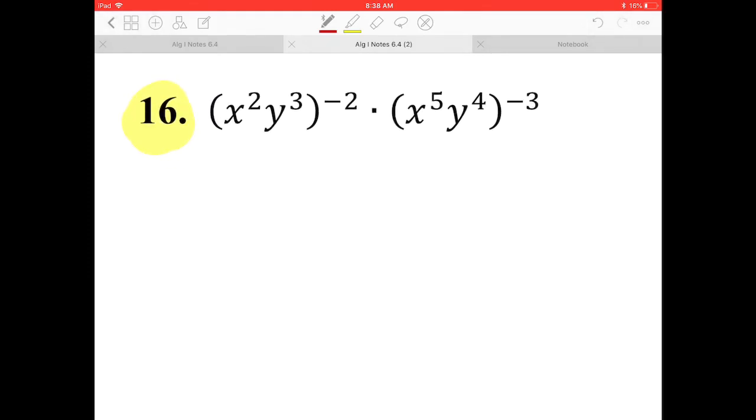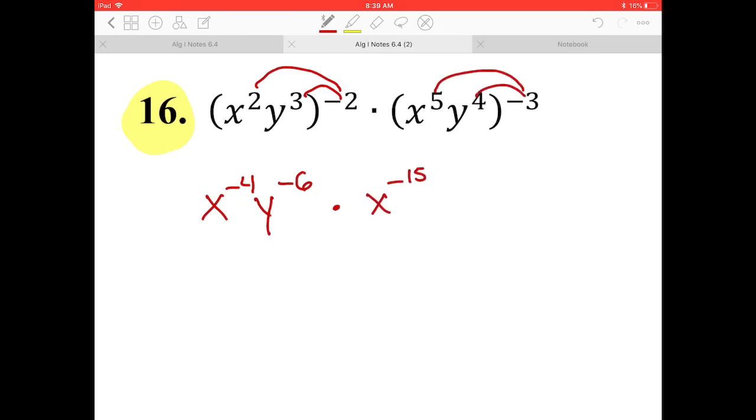All right, so 16. Negative exponents are in the power property, so this is going to be a lot of negatives that we have to move. So here we go. We have the power property, and then we have the product property in the middle where we have to multiply. So negative 2 times 2, x to the negative 4th power, negative 2 times 3, y to the negative 6th power. Bring down your multiplication sign. X, 5 times negative 3, and y, 4 times negative 3.